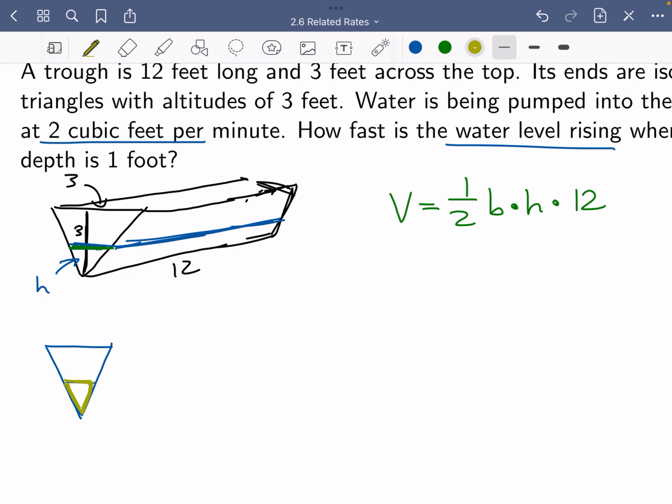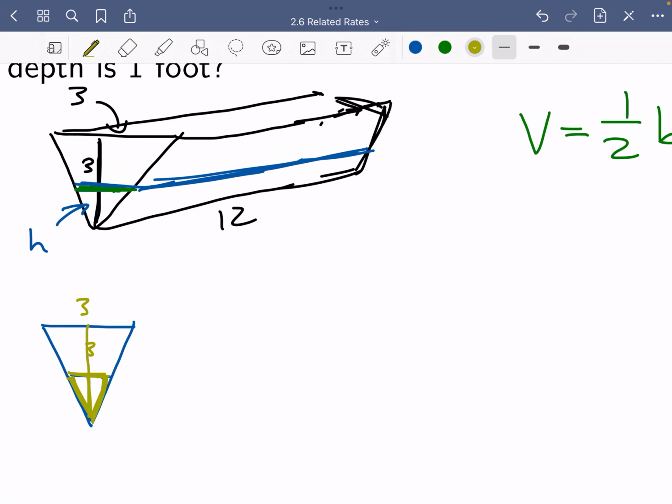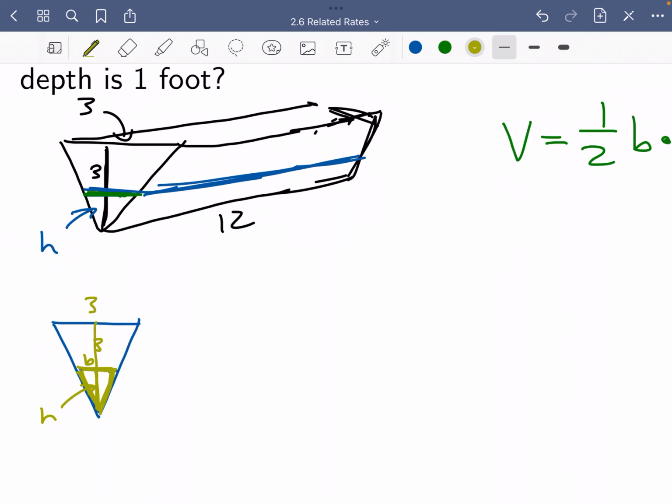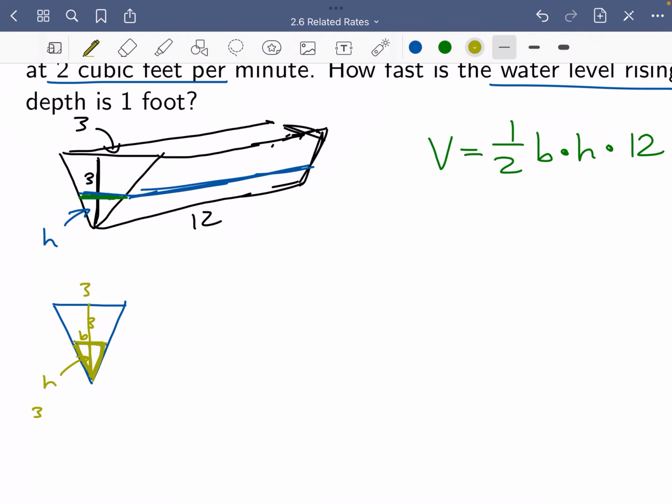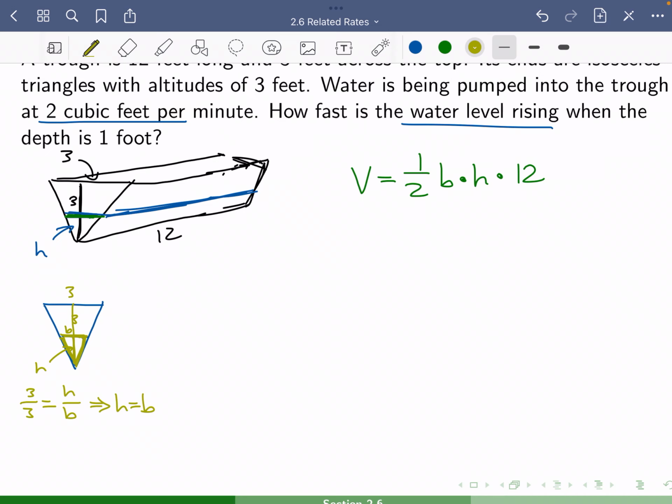So the ratio of this side to that length should be the same as the ratio of that length, h, to this side. So 3/3 is equal to h over b. So the height and the base should be the same. And so we use properties of similar triangles.